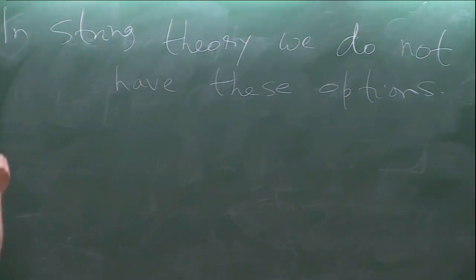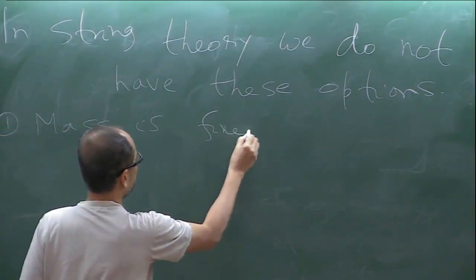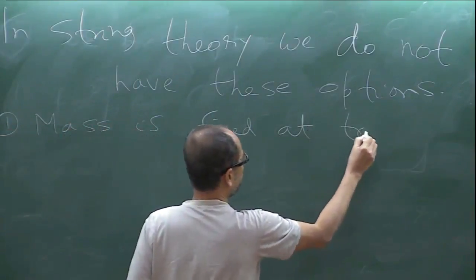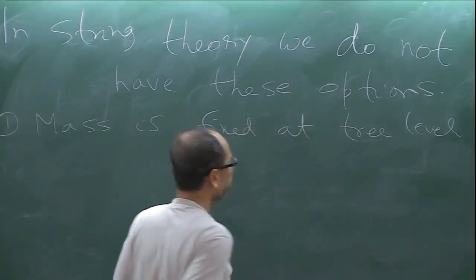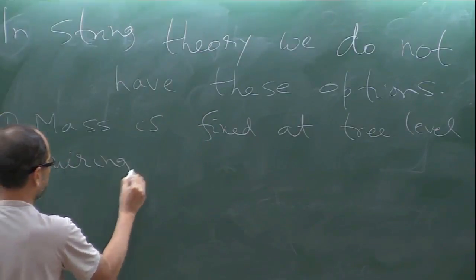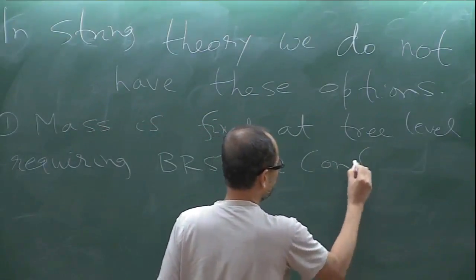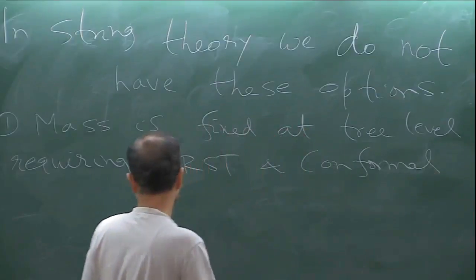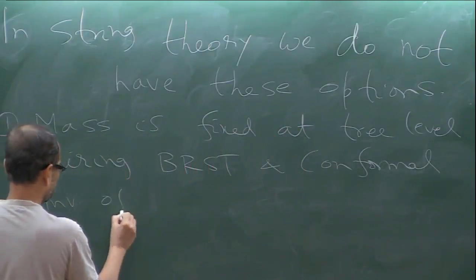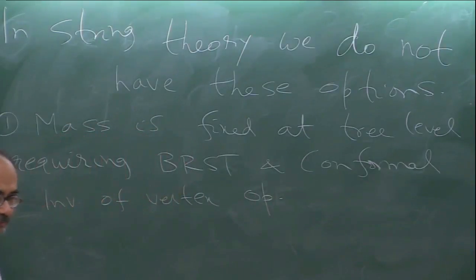First of all, mass is fixed at tree level, by requiring BRST invariance of the vertex operator or conformal invariance of the vertex operator. So this is not changeable in perturbation theory. If you try to change the mass, you basically destroy BRST invariance of the vertex operator and then you don't know how to deal with such situations.